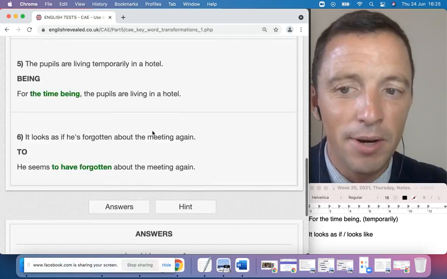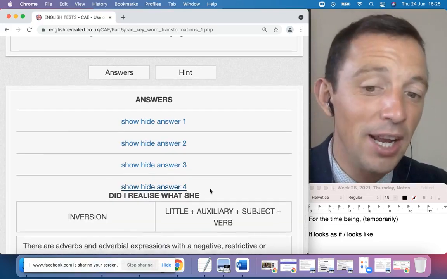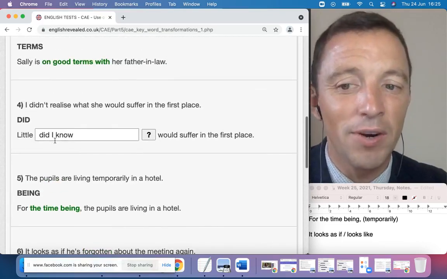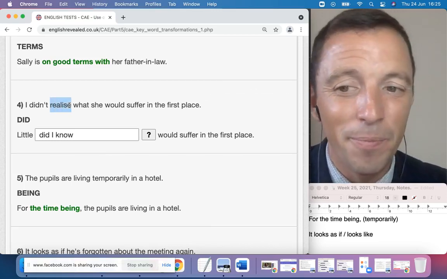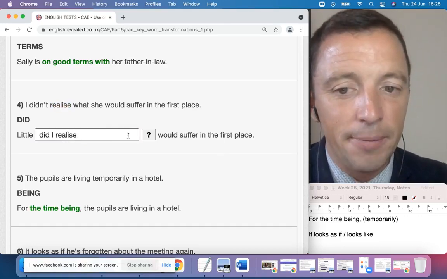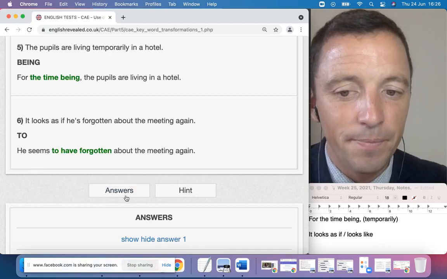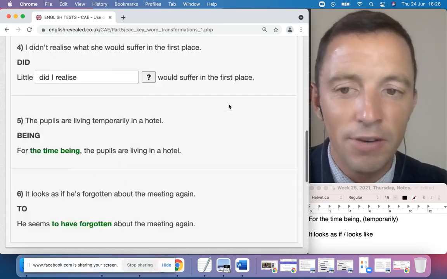So the answer for number 4 is little did I realize what she. Okay, sorry. So when possible, you need to keep the same verb when possible. So little did I realize. Okay, tricky, but good. And as I said, here's the answer. Little did I realize what she.